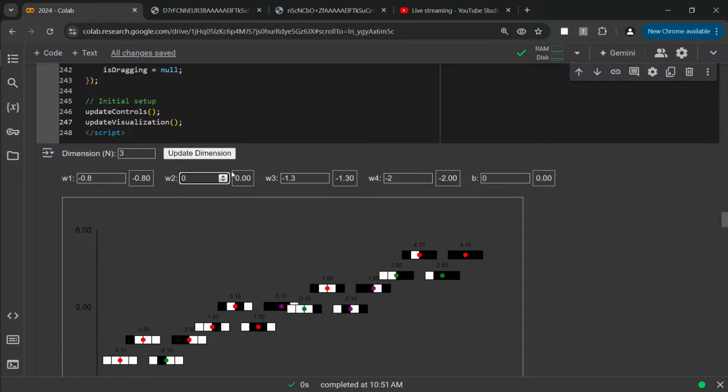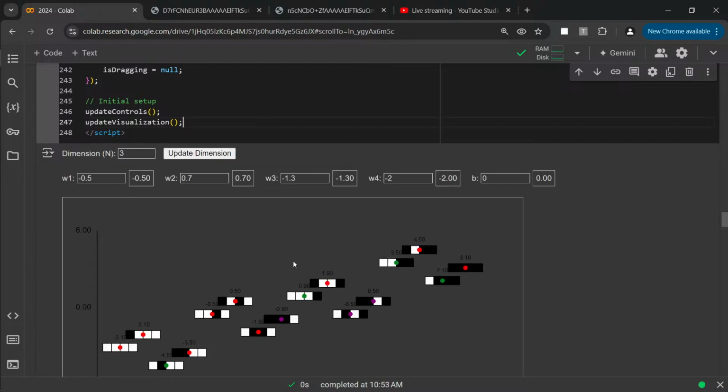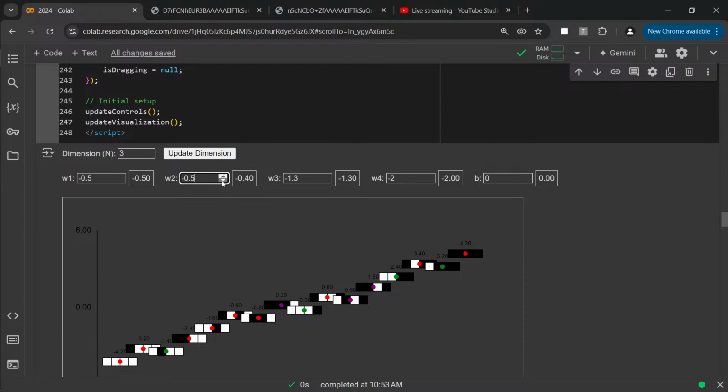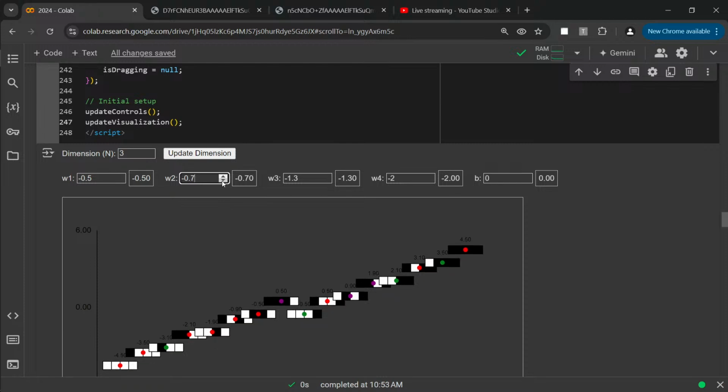Let me reset. It's kind of hard to eyeball. So the boundary would be like here, making all of these guys blue. But also these two would be blue, and you want them to stay blue. So yeah, you're moving the purple guys up. Anyway, that's basically what it does.